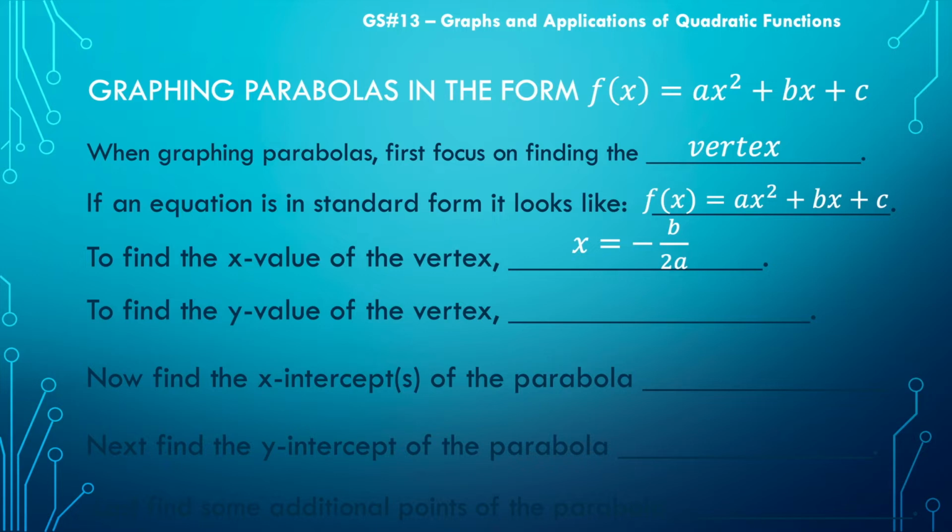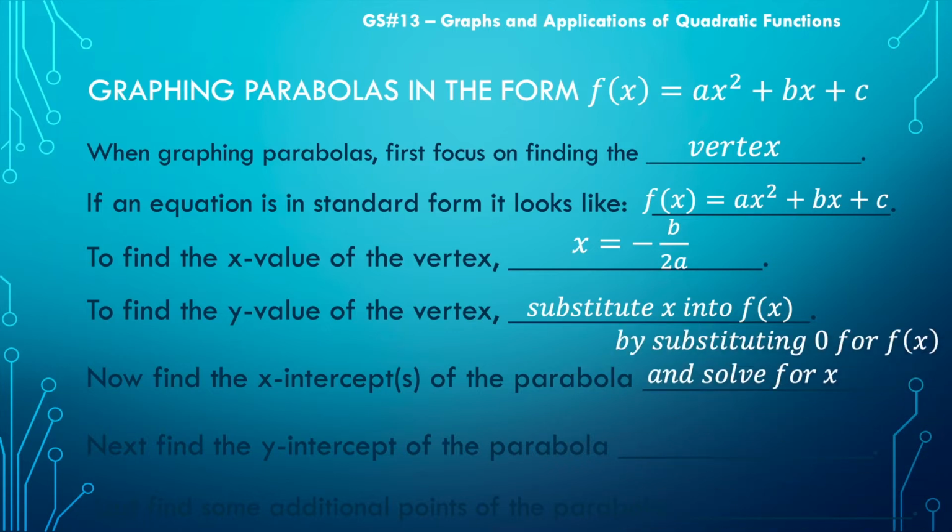Now, once I have an x value and I have a function value, it's very easy to find the y value by just subbing it in. I take that x value that I found, the negative b over 2a, and sub it back in everywhere I have an x. So finding the key point of the vertex is the very first thing you want to do. Then you're going to find the x-intercepts of the parabola by substituting 0 in for the f of x, or subbing in a 0 for y and solving for x.